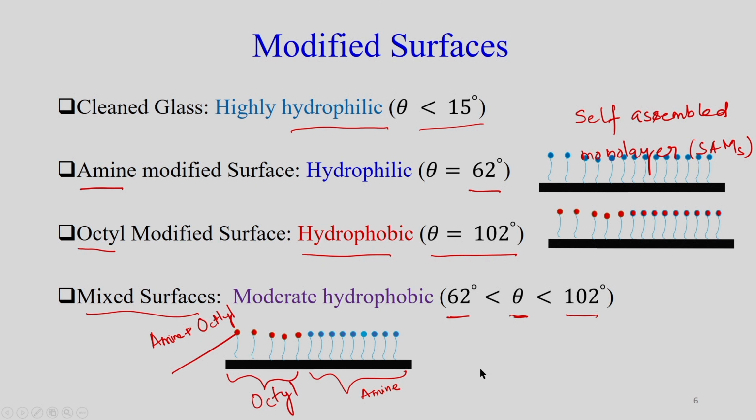Now we have surfaces with a wide range of wettability, starting from highly hydrophilic to hydrophilic, then hydrophobic, and intermediate between the 62 and 102 degree contact angle.